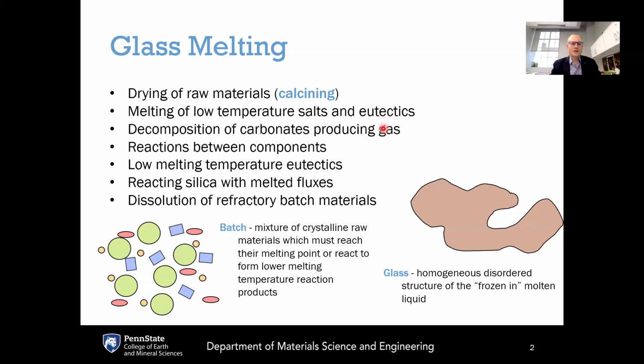And then we also get decomposition of carbonates that releases carbon dioxide gas. There are reactions that occur between components that lead to lower melting temperature eutectics that get formed. Often this is a result of reacting silica with different fluxes, like different modifier oxides.